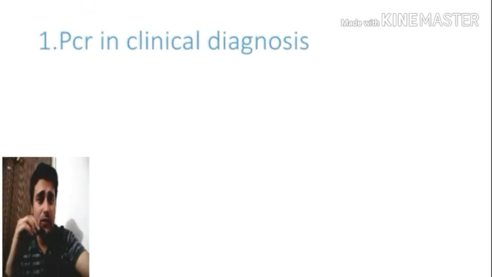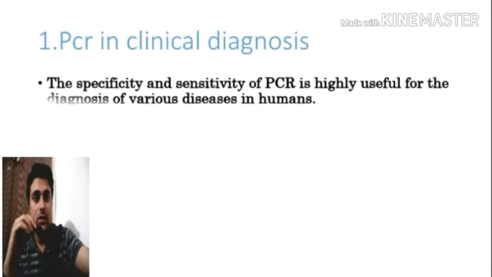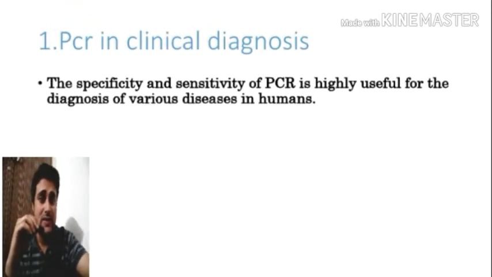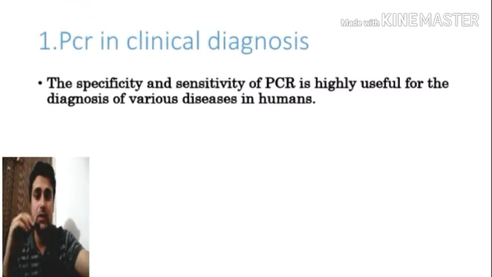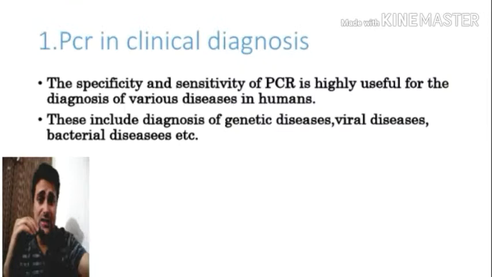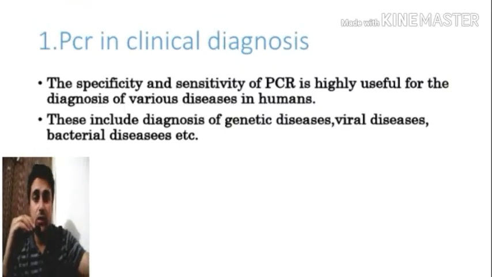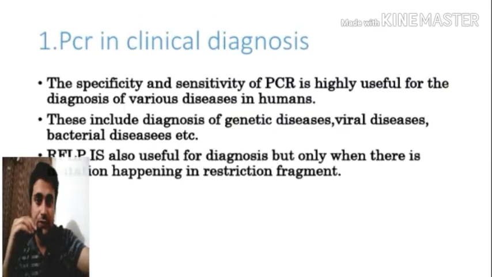It is very helpful in the diagnosis of many types of disease because of its specificity and sensitivity. It is highly useful for the diagnosis of this type of disorder. It can be a bacterial disease, a genetic disease, or a viral disease as well.